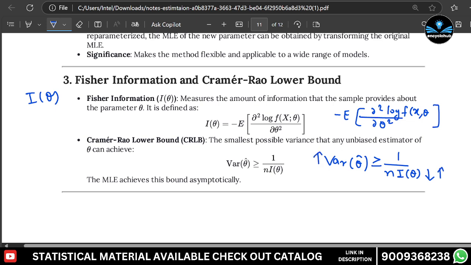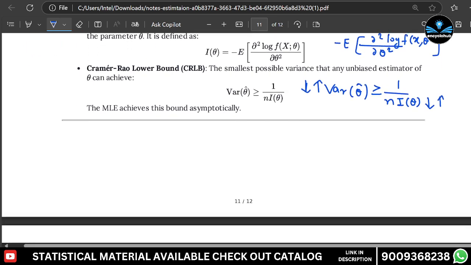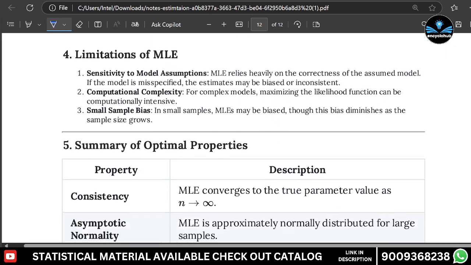This is inversely proportional. So Fisher information says that we need a large amount of information to provide a better, that is lower, variance. This is the property that we have discussed.